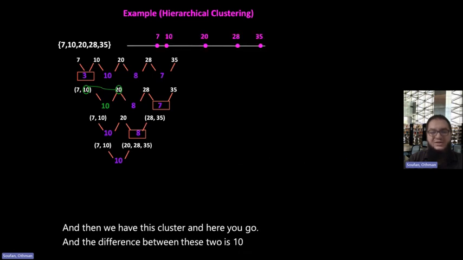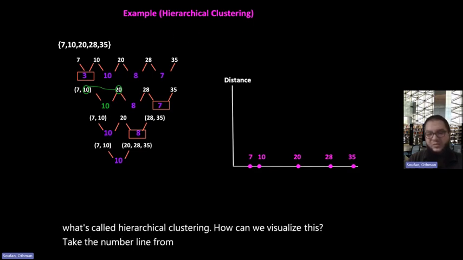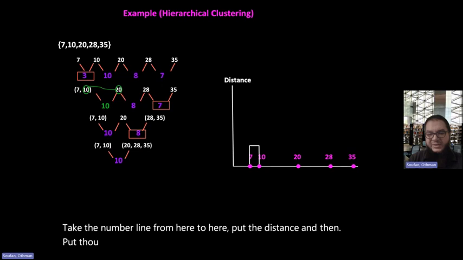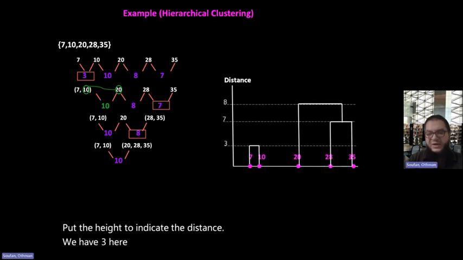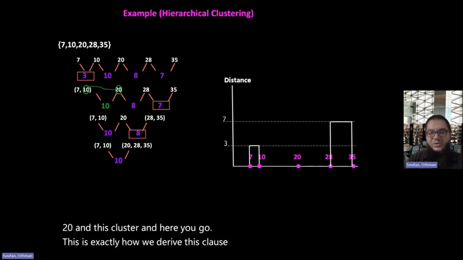And finally, this is what's called hierarchical clustering. How can we visualize this? Take the number line from here to here, and put the height to indicate the distance. We have 3 here, 28, 35, 20, and this cluster, and here you go. This is exactly how we derive the clustering that you saw in the plot earlier.